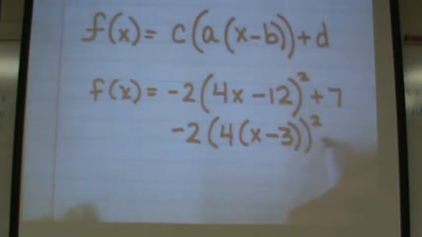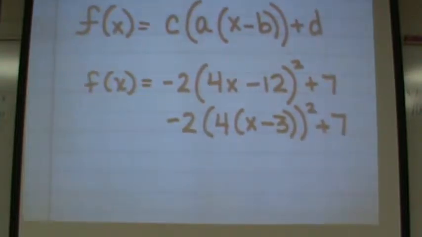So, that's what I want you to see, is that B is not negative 12, it's negative 3. So you want to isolate A first and foremost, okay? So does everybody see what A, B, C, and D are? A is 4, B is negative 3, C is negative 2, and D is 7, okay?